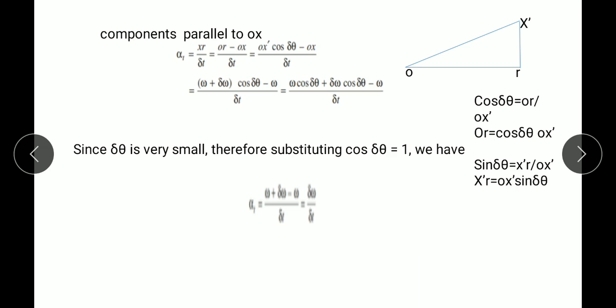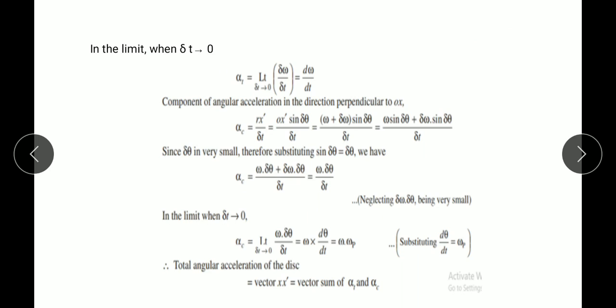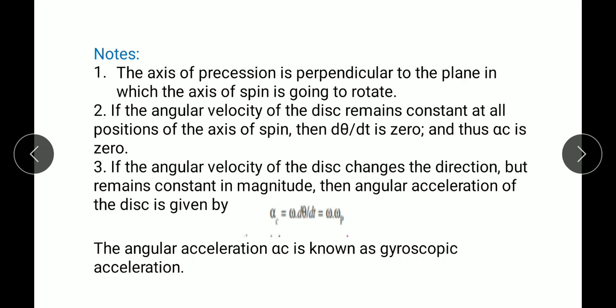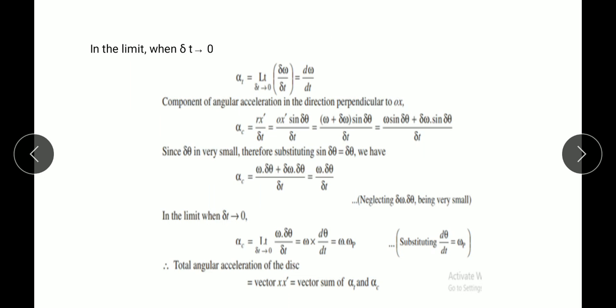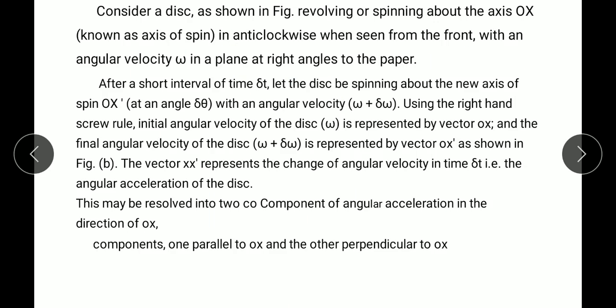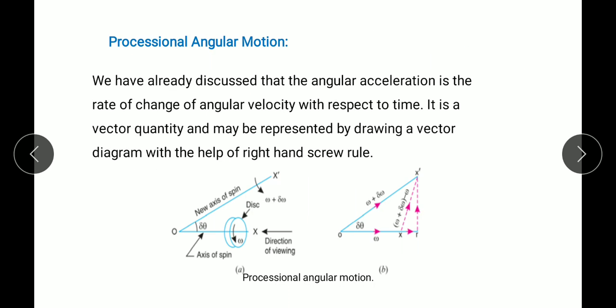The component of angular acceleration in the direction perpendicular to OX: alpha c equals rx dash by delta t. So the perpendicular position is rx dash.